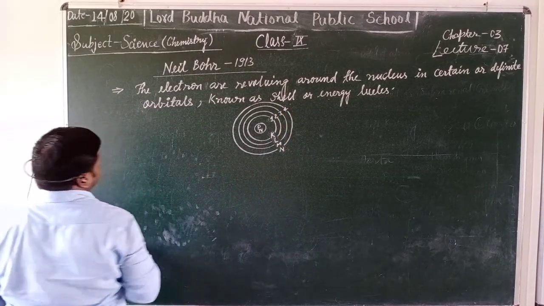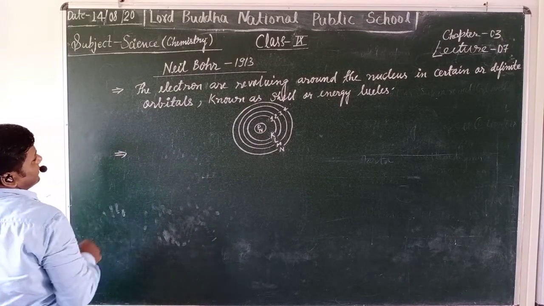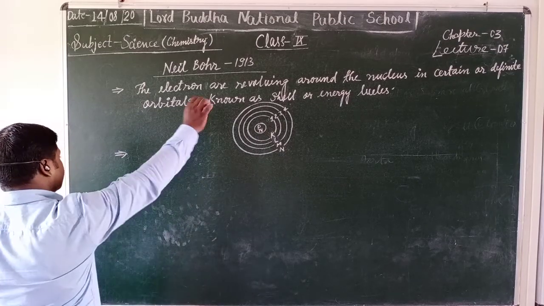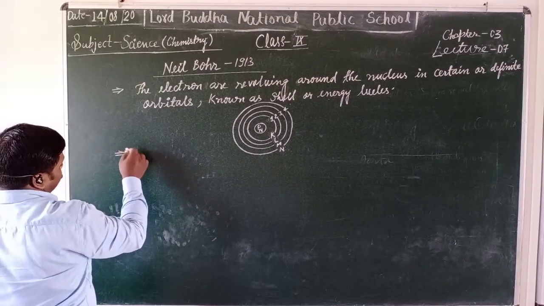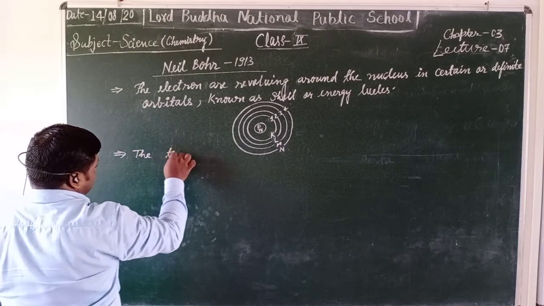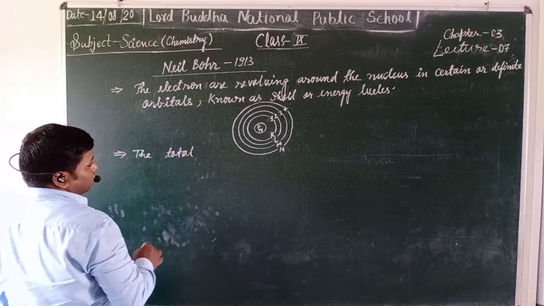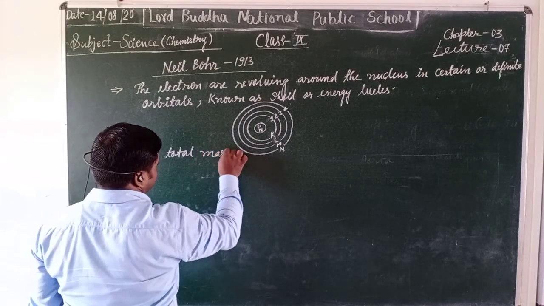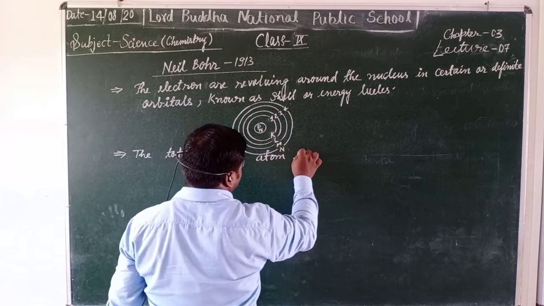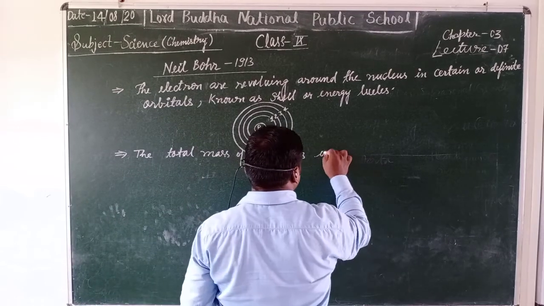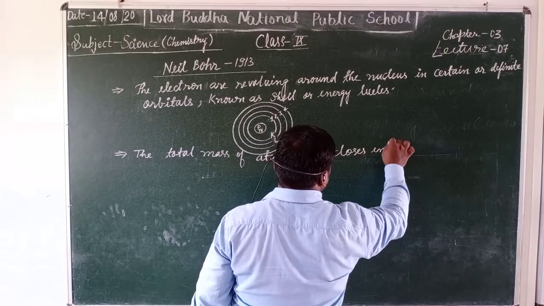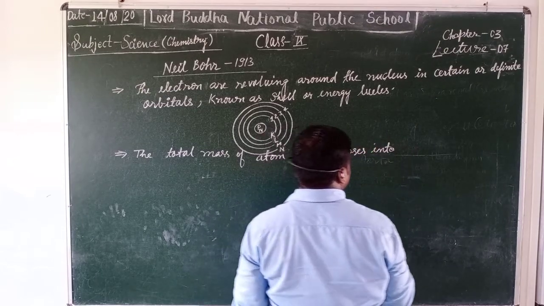Now, the second concept given by Niels Bohr was that the total mass, or you can say the whole mass, of an atom is enclosed in its nucleus.